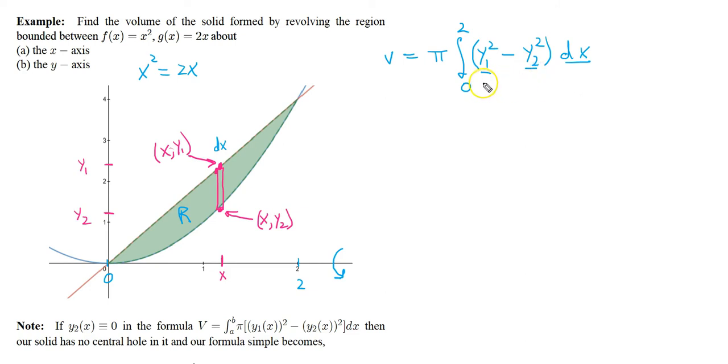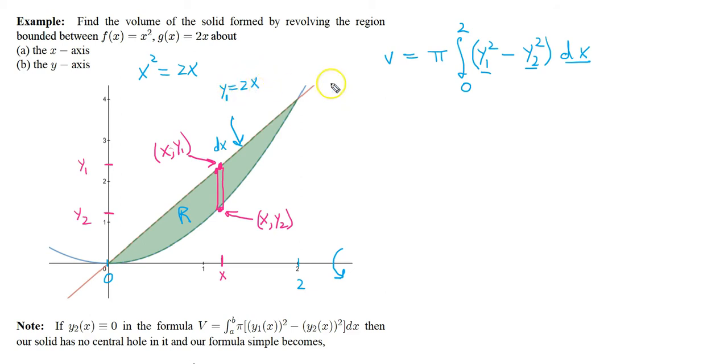And so now this is basically the same as it was before. Just notice that the point x, y1 lies on this curve, which is y equals 2x. And so this point here is x, y1, so this is actually y1 equals 2x.